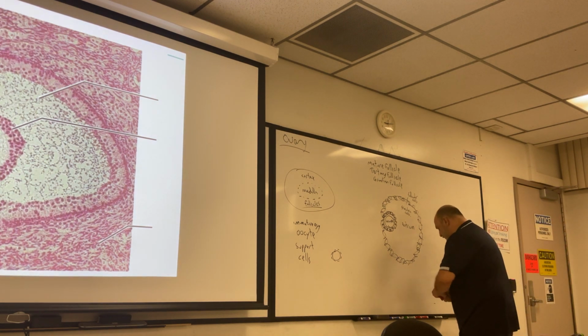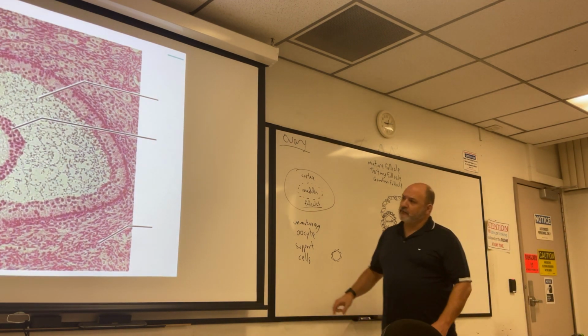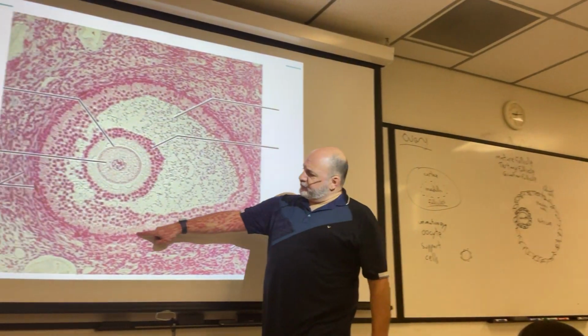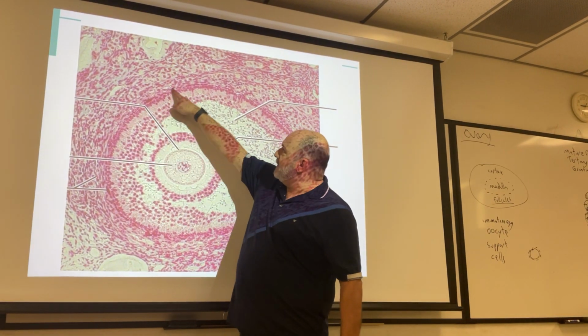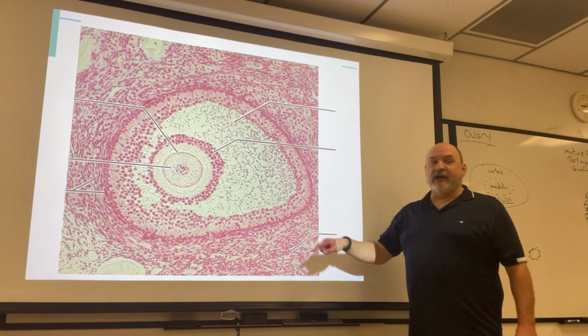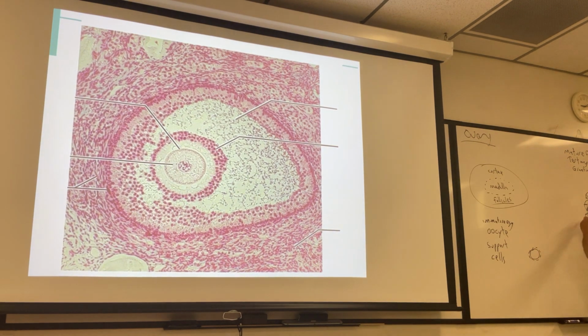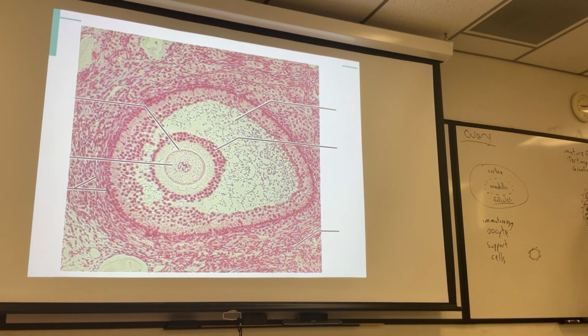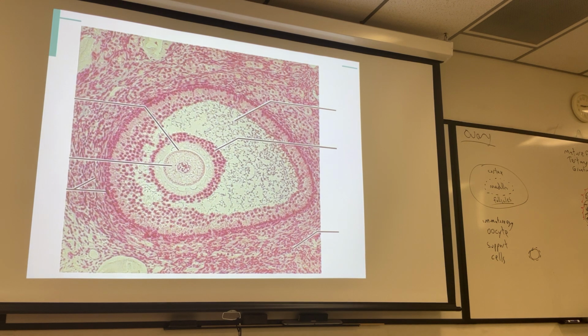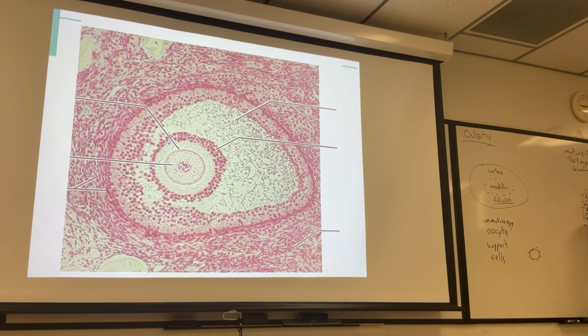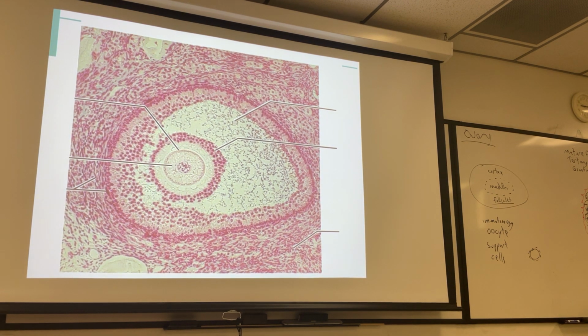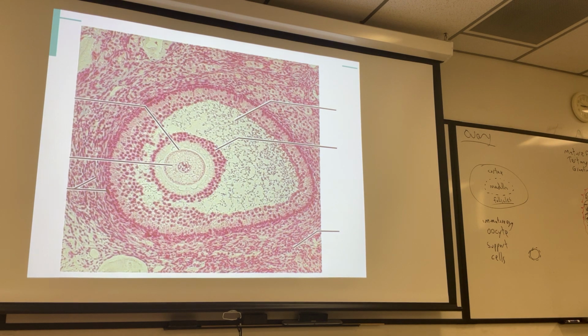However, you will also notice around the outer surface is a thinner but denser layer of cells. This layer of cells on the outer surface are what are known as thecal cells.